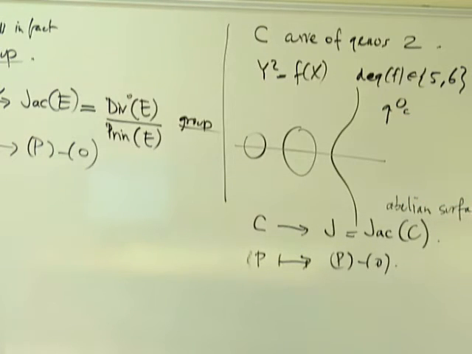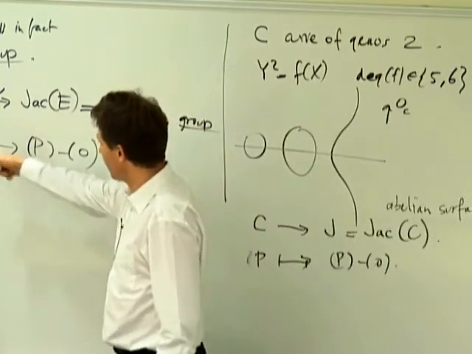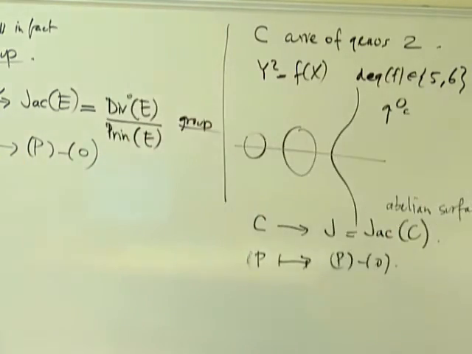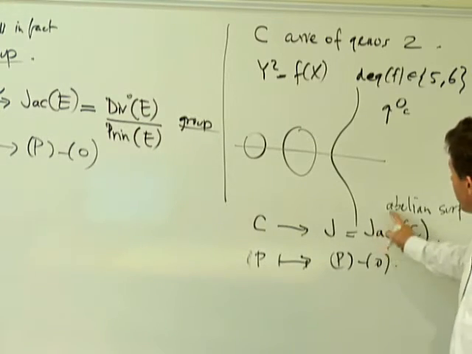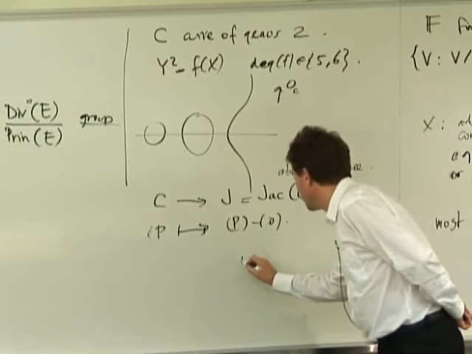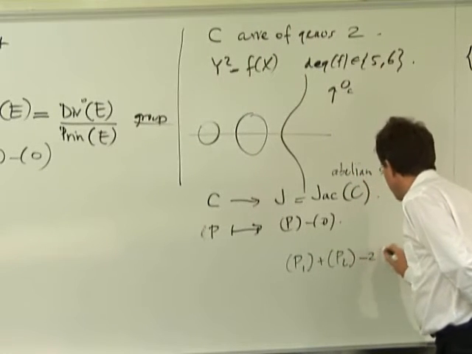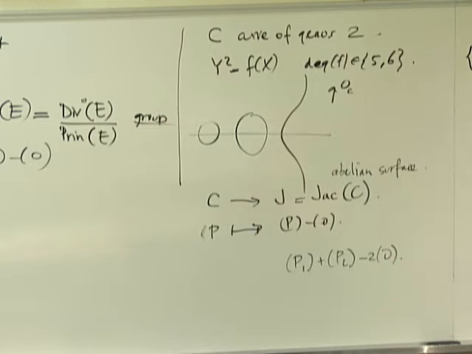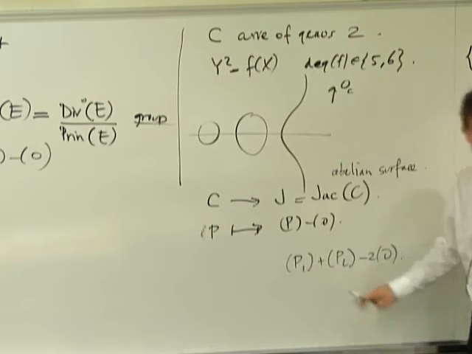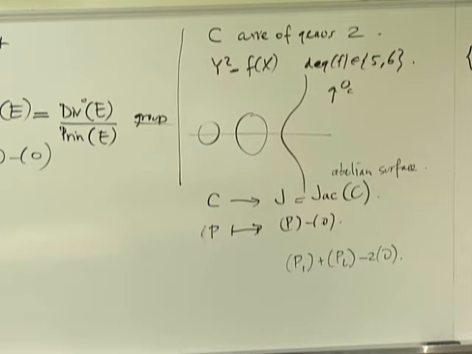Just like the points on the elliptic curve look like P minus O, with P ranging over the points of your elliptic curve, you can specify points on the Jacobian by taking sums of 2 points, P1 plus P2 minus twice the point at infinity. That's a degree 0 divisor, and these elements represent things on the Jacobian. As you see, it now takes 2 points. It's a two-dimensional thing, unlike the case of an elliptic curve where it's just the curve itself, one-dimensional.